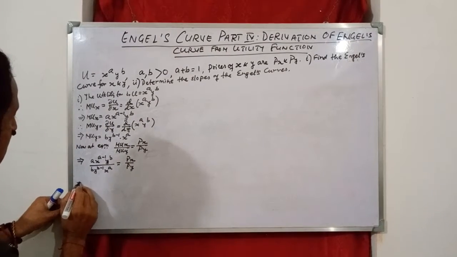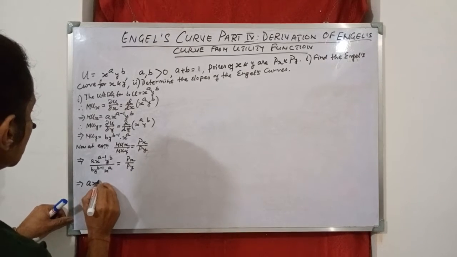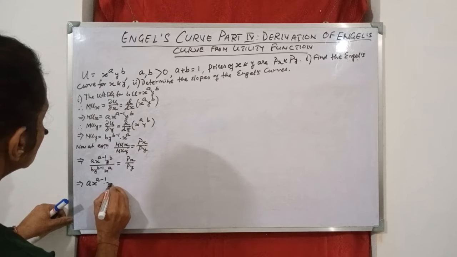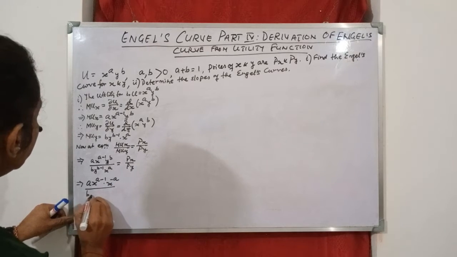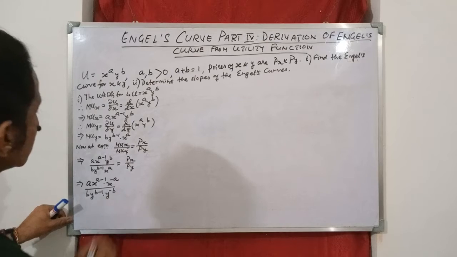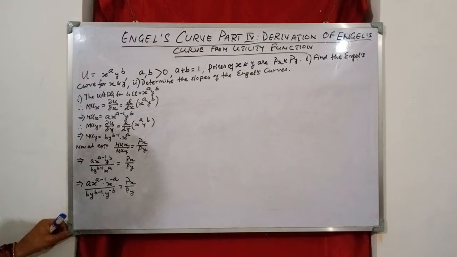This gives us a x to the power a minus 1 into x to the power minus a, divided by b y to the power b minus 1 into y to the power minus b, equals px over py.